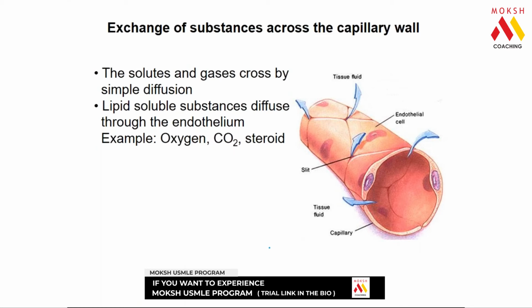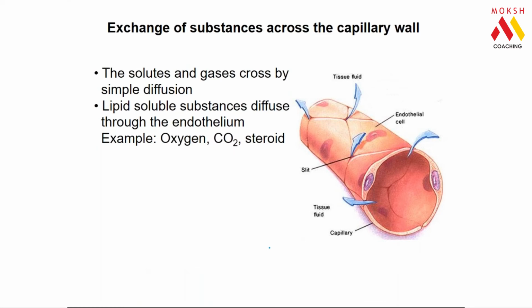For example, carbon dioxide, oxygen, steroid hormones can diffuse through the endothelium, and the reason is that they are lipid soluble. So by a process of simple diffusion, oxygen can cross the endothelium and reach the tissue, and carbon dioxide will cross the endothelium and move from the tissue side to the capillary side. A similar thing happens with the steroid hormones, which can cross and go and do their action.